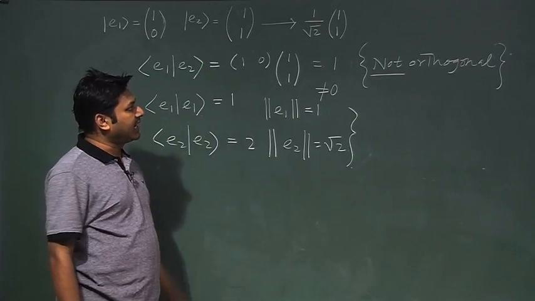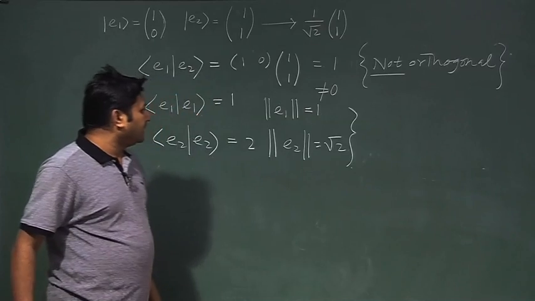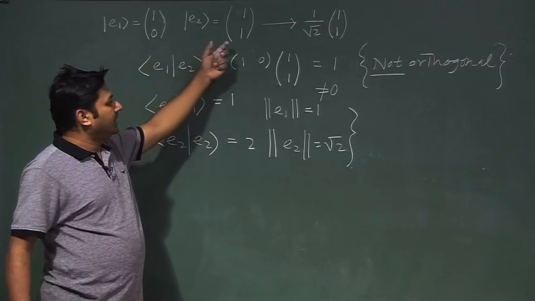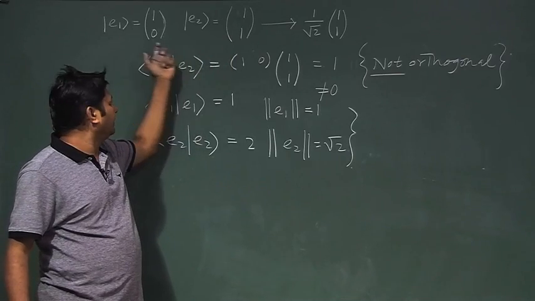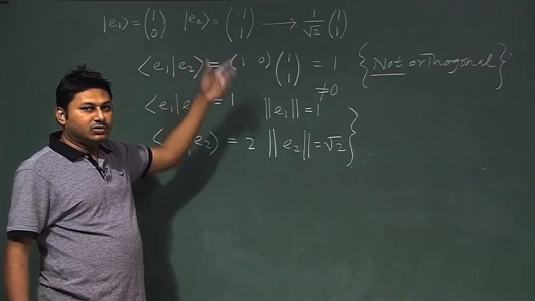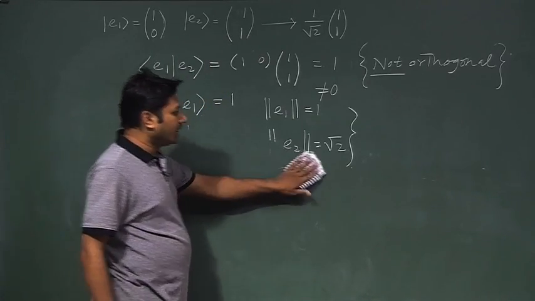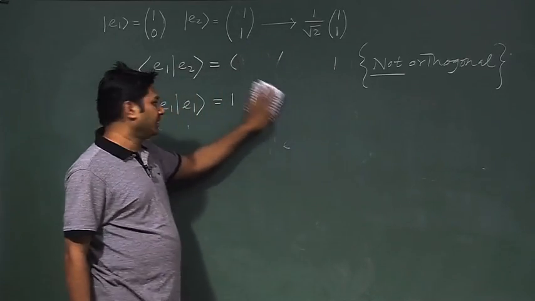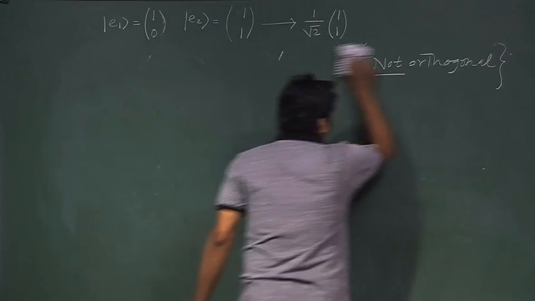That is the standard way to make a vector normalized. But the important point is that even though they are not orthogonal, and one of them is not normalized, in general you can expand a vector in these two linearly independent vectors. But there is some problem, because it is very difficult to find the coefficients. That is a different issue, we will come to that later.